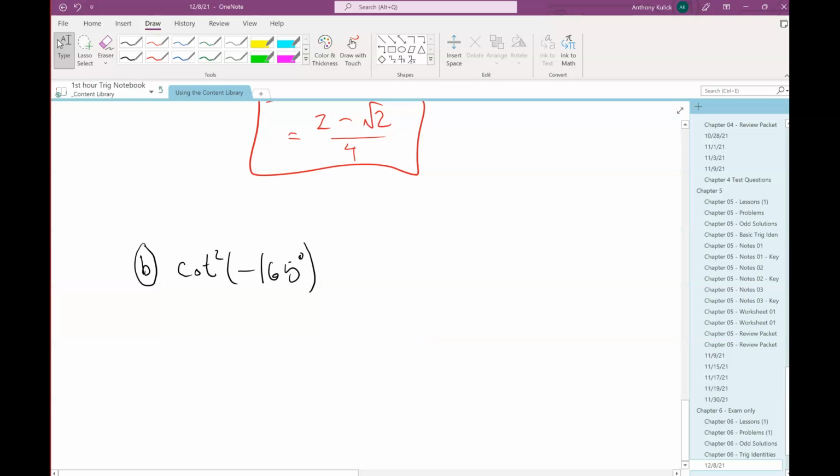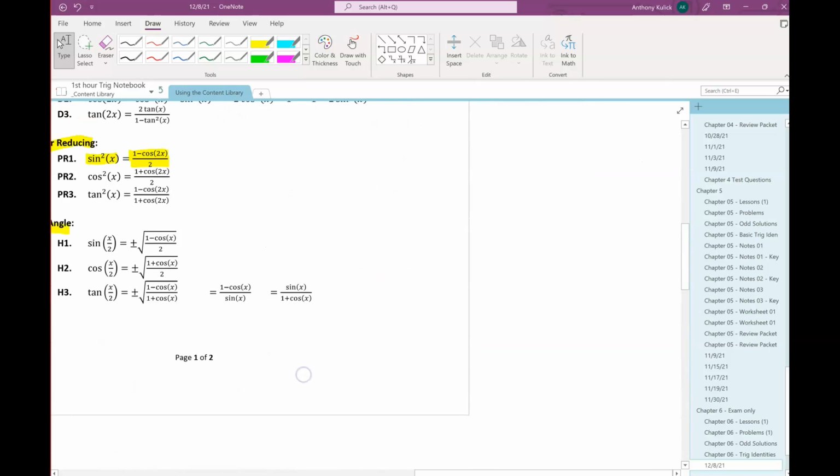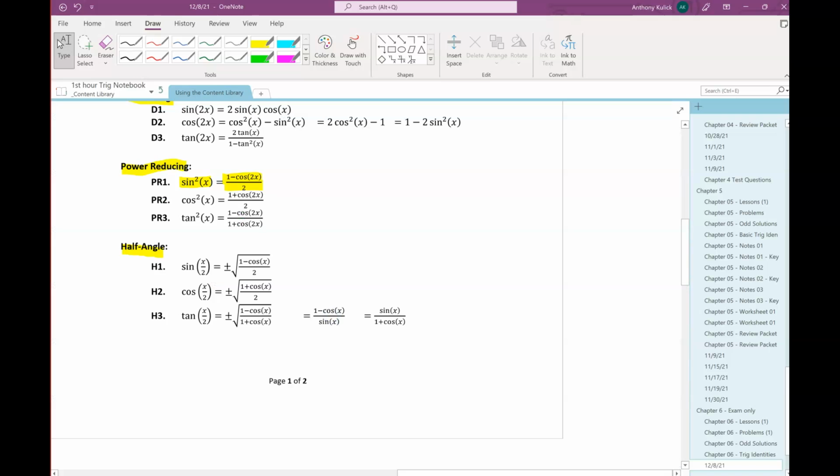So here we have cotangent squared of negative 165 degrees. So let's go look at our power reducing formulas. And if I look there, I see, uh-oh, I have no cotangent squared formula under my power reducing.